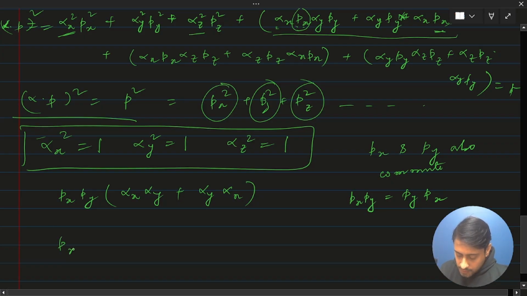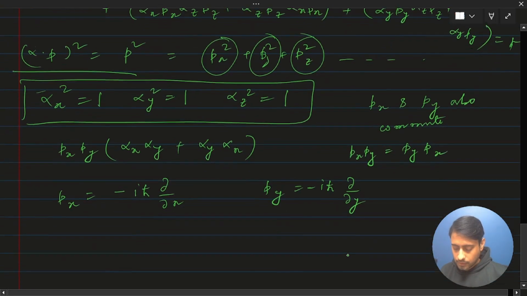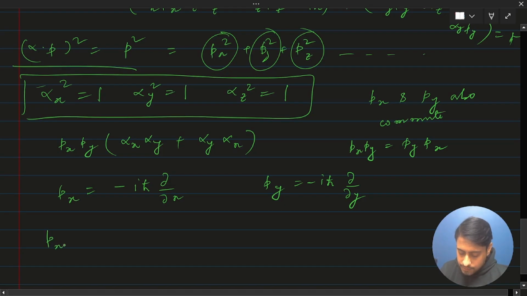You know that px is equal to minus i h bar del over del x, and py equals minus i h bar del over del y. So if I multiply px with py, we get the multiplication of the two terms.